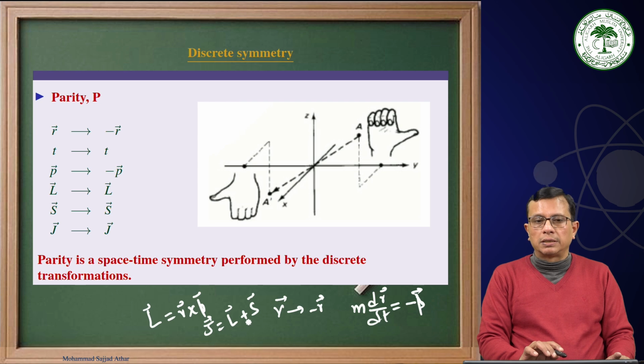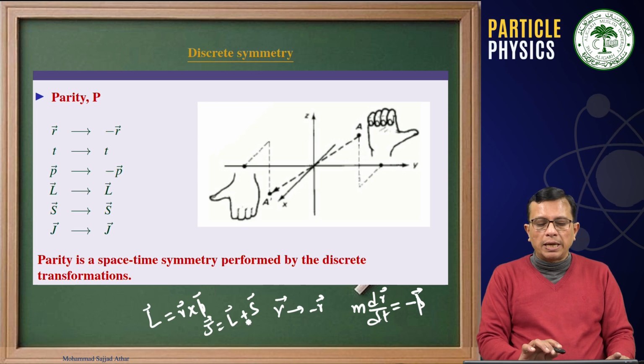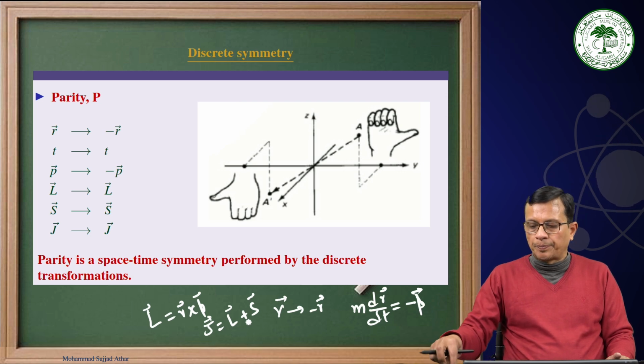Those quantities which change sign under parity, vector quantities, are called pure vectors or polar vectors or simply vectors, while those quantities which do not change sign but transform in the same way under proper Lorentz transformation as polar vectors do are called axial vectors or pseudo vectors.